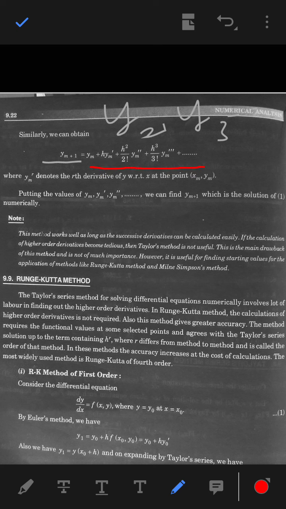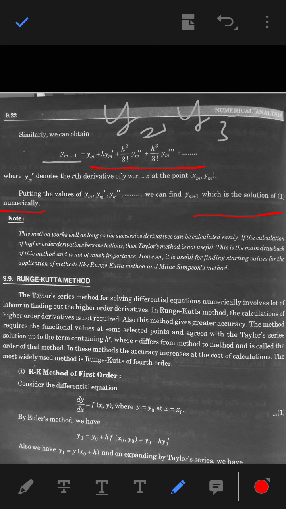So we can write y m plus 1 will be equal to ym plus h into ym dash plus h square by factorial 2 ym double prime plus h cube by factorial 3 ym triple prime plus so on. Here ym r means this is the rth derivative of y with respect to x at the point xm, ym. So if we put these values of first, second, third and other derivatives, we can find the value of y m plus 1, and numerically this is the solution.